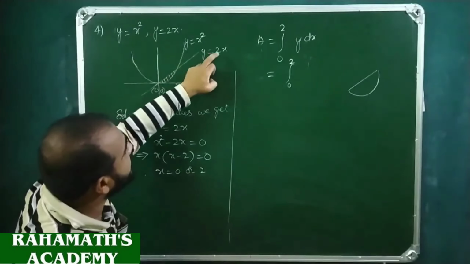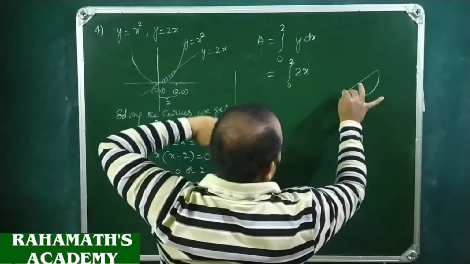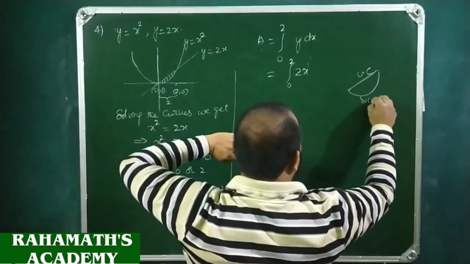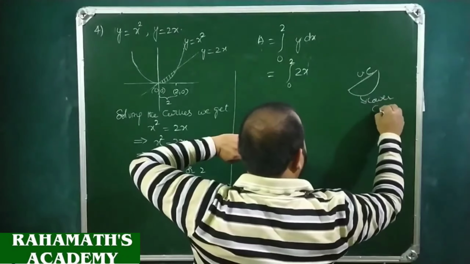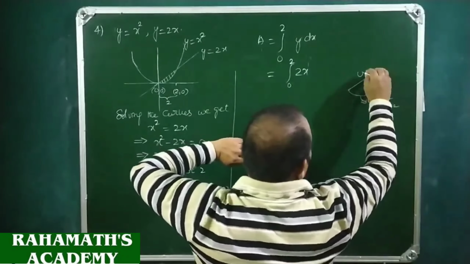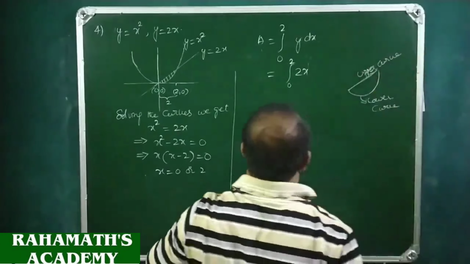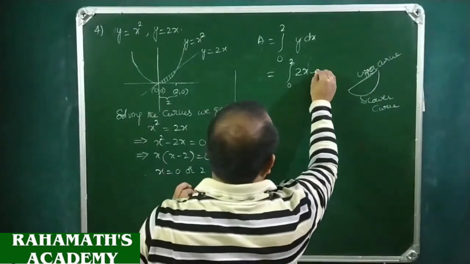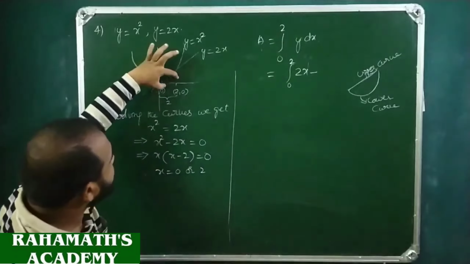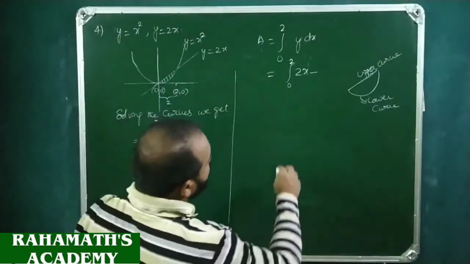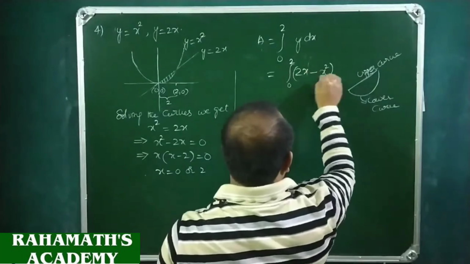So here this is 2x, the upper curve, and this is the lower curve. Now, 2x minus the lower curve y equals x square. See this diagram. So 2x minus x square dx.